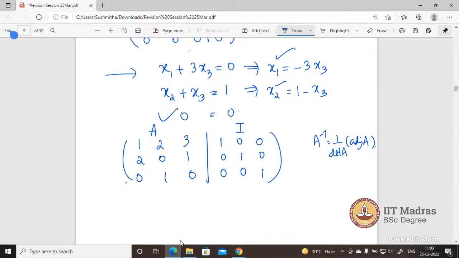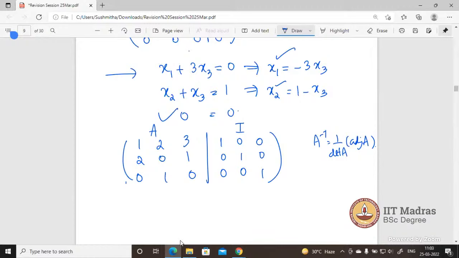So this is 1, 2, 3, 1, 0, 0, 2 minus 2, 0 minus 4, 1 minus 6, 0 minus 2, 1 minus 0, 0 minus. Last row as it is, right? And then I want to make this entry 1.